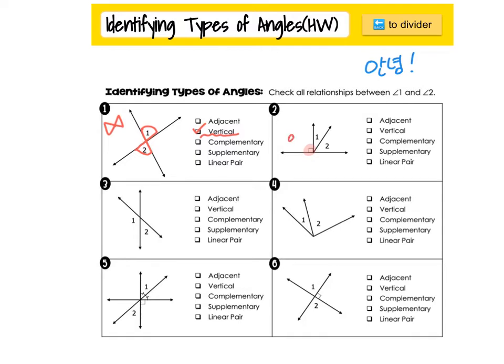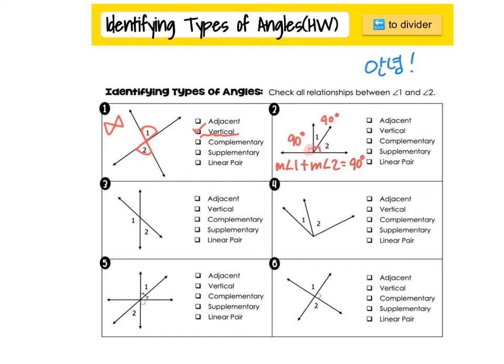On number 2, you have to check what is the symbol. That means 90 degrees. And when you have a straight line, the total degree is 180. That means that the other half is also 90 degrees. So when two angles are combined to 90 degrees, what is that called? That's right.